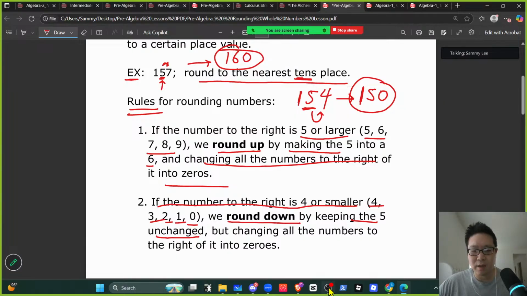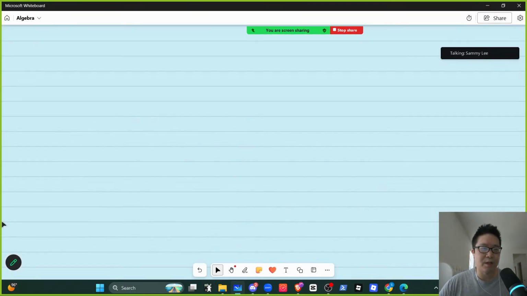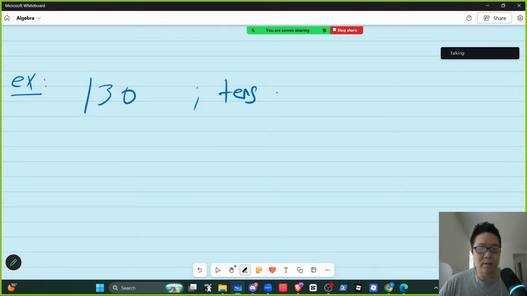Okay, let's try more examples of rounding down. So I have 130, and I ask you to round this to the tens place. What number is in the tens place? 3.